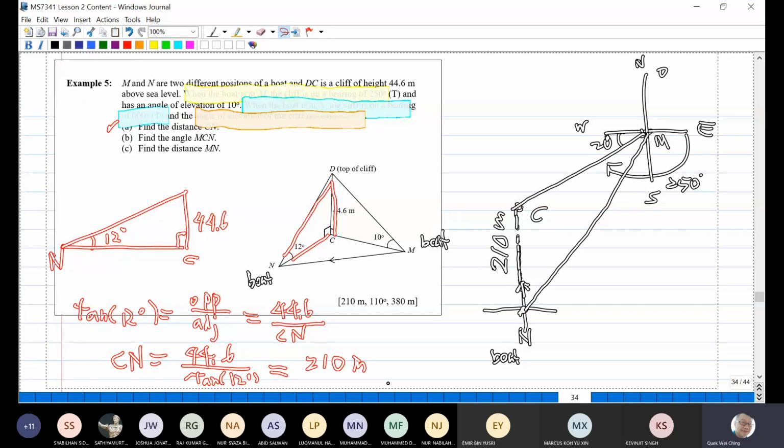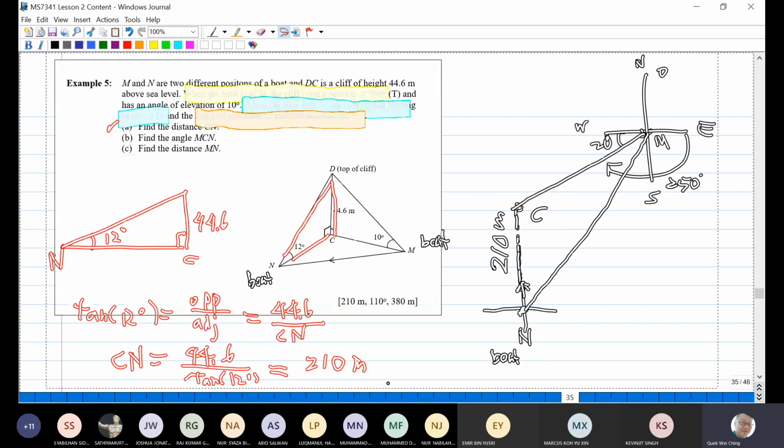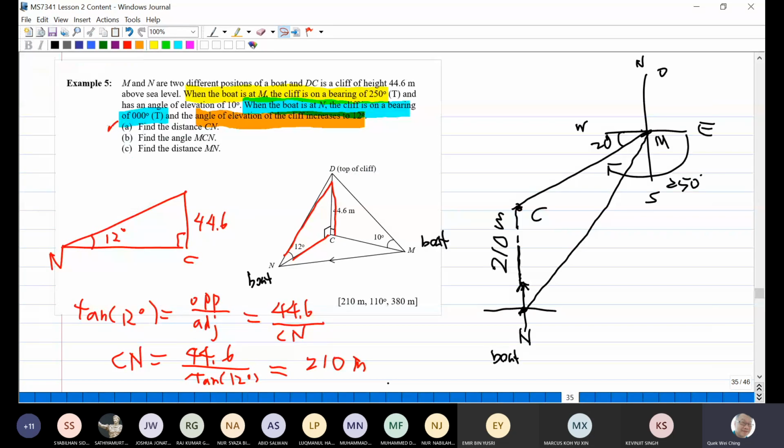Next page here. I'm going to find the angle MCN.